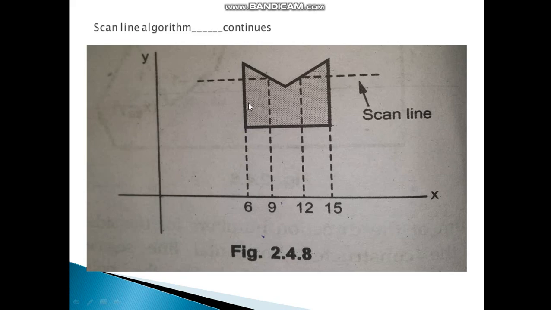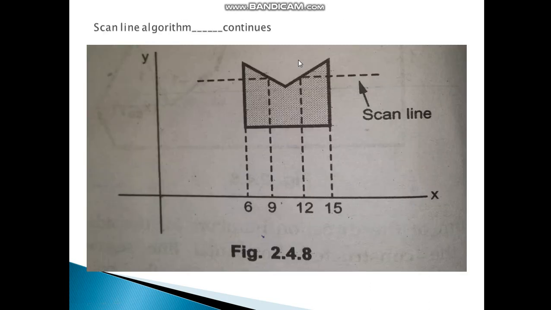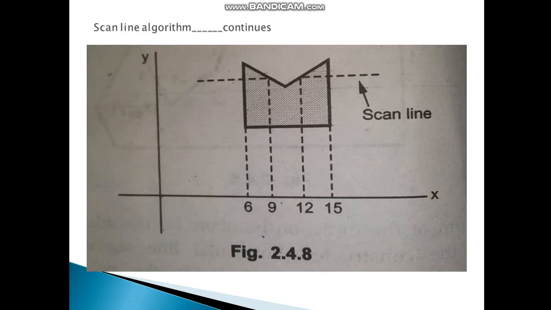It starts with the largest y value and works its way down, scanning from left to right. We start at the y max value and go down to the y min value, and we scan each scanline left to right, in the manner of a raster display. In a raster display, we scan the line from left to right.